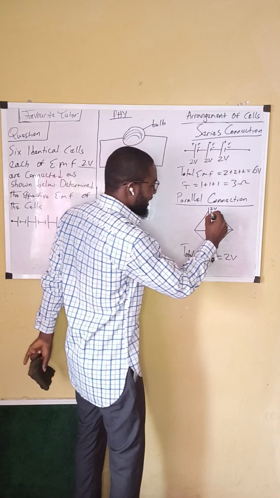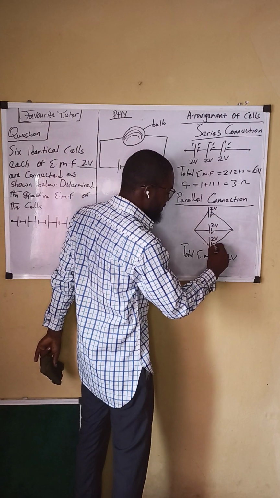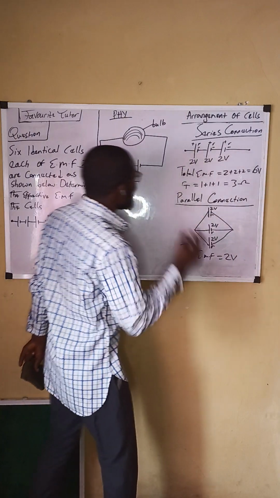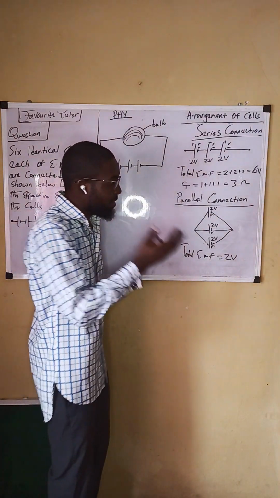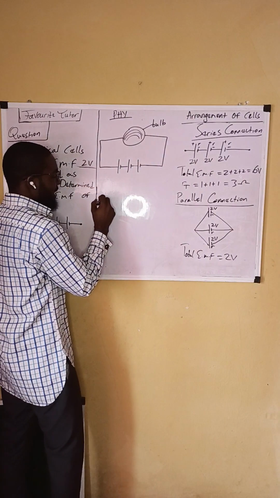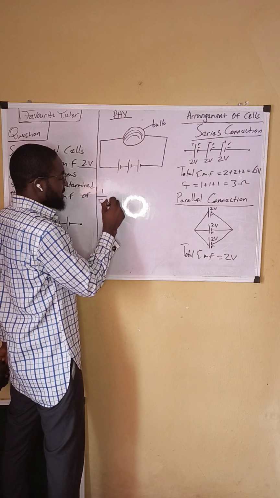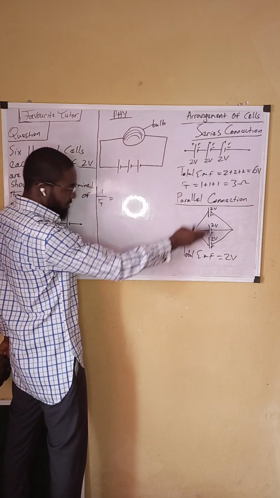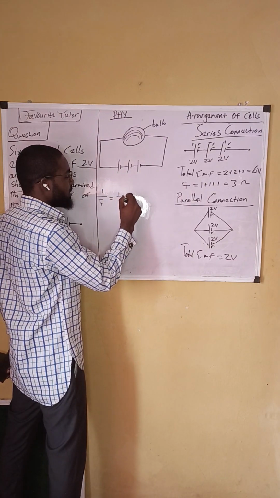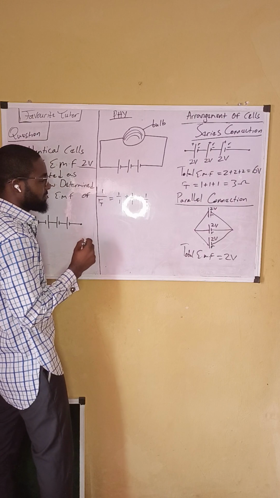For instance, we have internal resistance 1, 1, 1. Now, when resistors are connected in parallel, the total resistance is found by taking the inverse. So let us look for the internal resistance. That is 1 over 1 plus 1 over 1 plus 1 over 1.